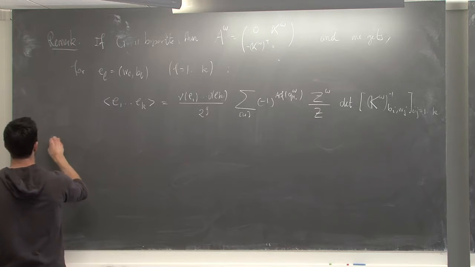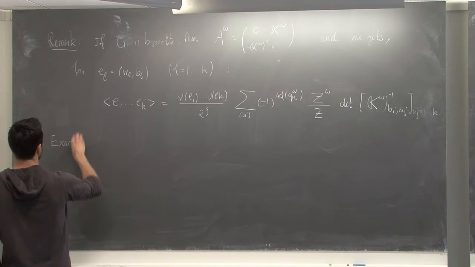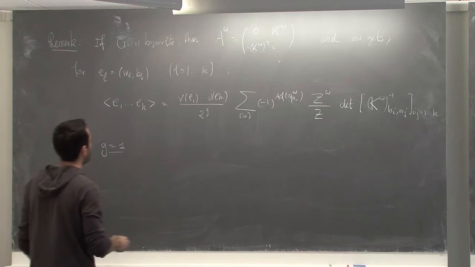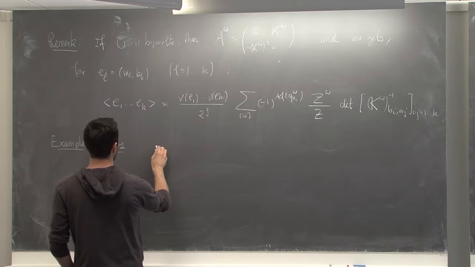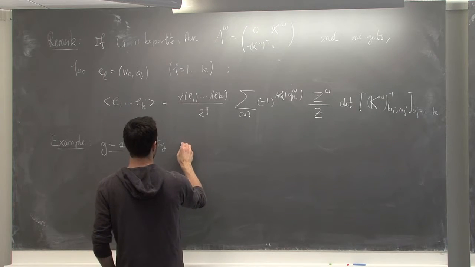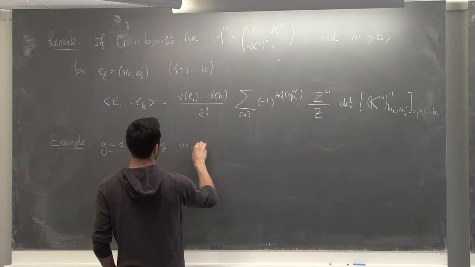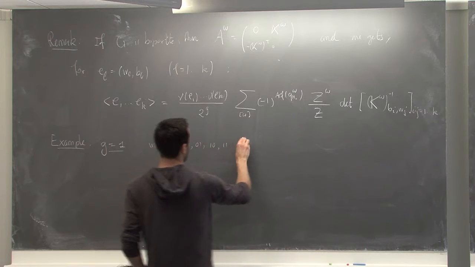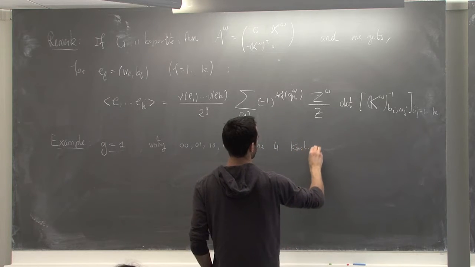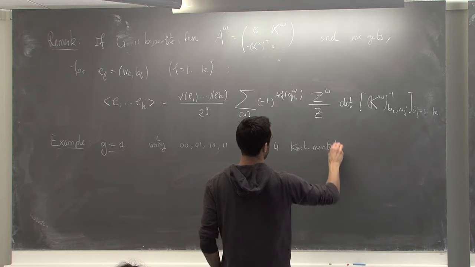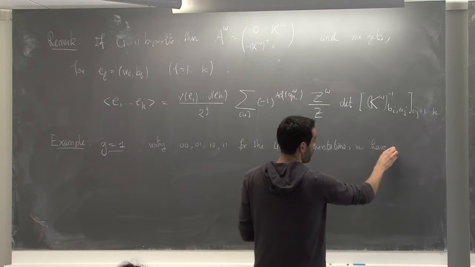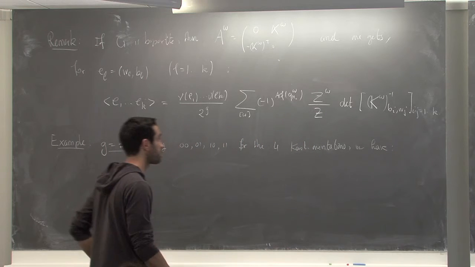Okay. And an example. Of course the g equals 0 case we already saw, but the g equals 1 case is new. What does it give? Well, it basically gives the following. Writing 0,0; 0,1; 1,0; 1,1 for the four Kasteleyn orientations, we have the following formula, and I want to write it because we're going to use it, actually.